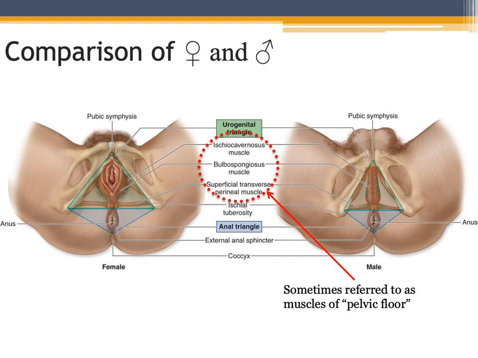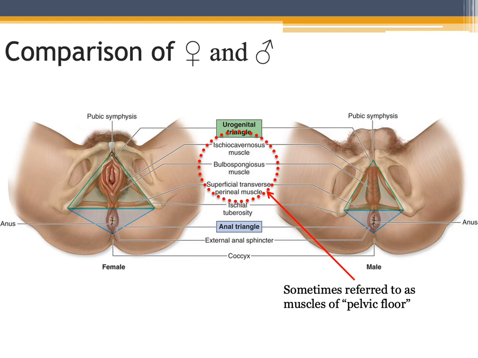Both of these, for both males and females, all these muscles are able to be cognitively regulated and trained, you can put quotes around that, by a series of muscle exercises known as Kegel exercises.